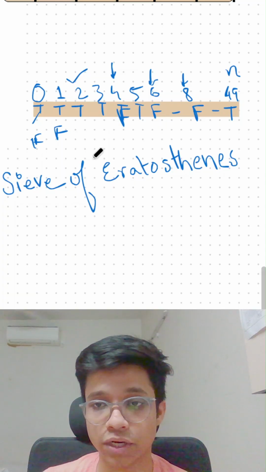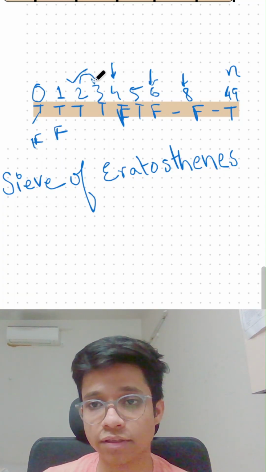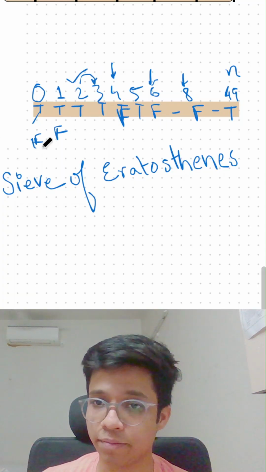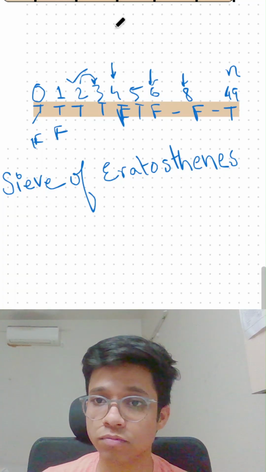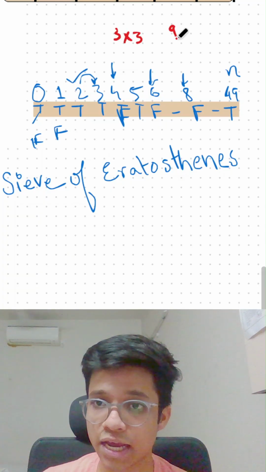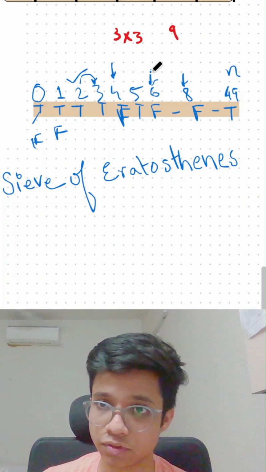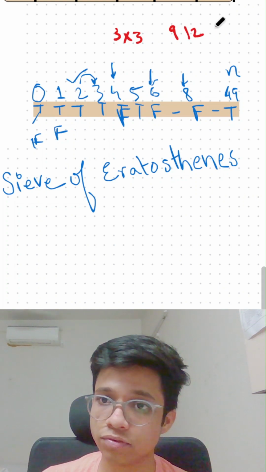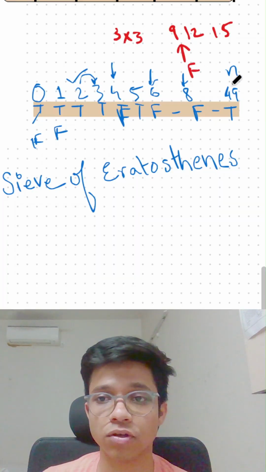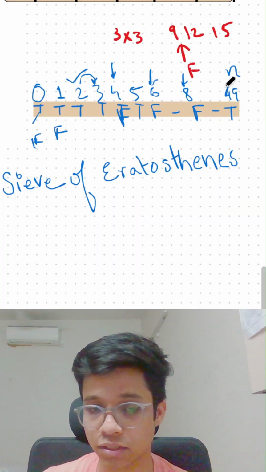And in the next iteration, we're going to 3. 3 is also a prime number. So starting from 3 times 3, that is 9, and taking intervals of 3, which are 12, 15, we're going to mark them as false because they have 3 as a factor.